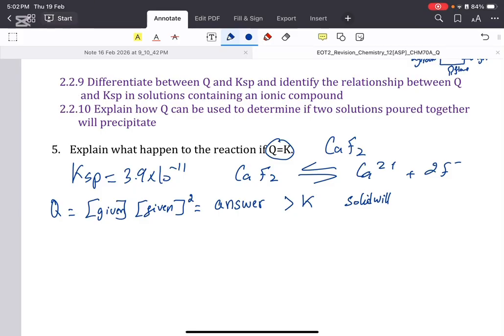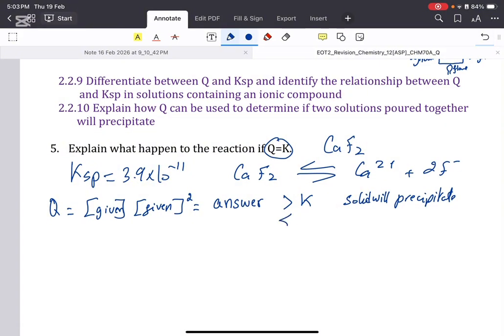If I get an answer that says this value will be less than K, it means no precipitate will form. Now, if Q is equal to K, I would say that the solution is saturated and it is at equilibrium.